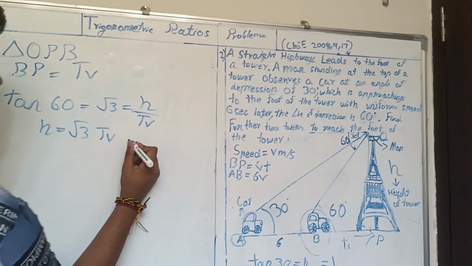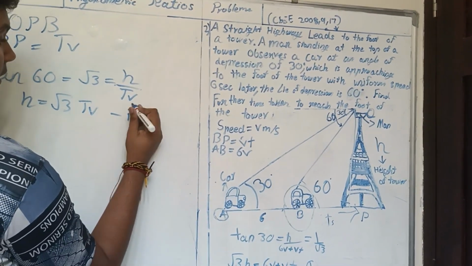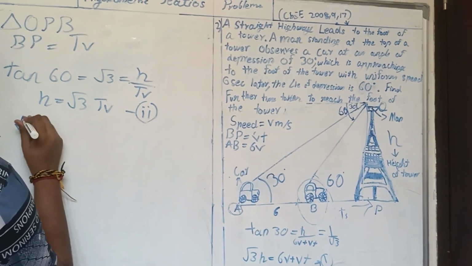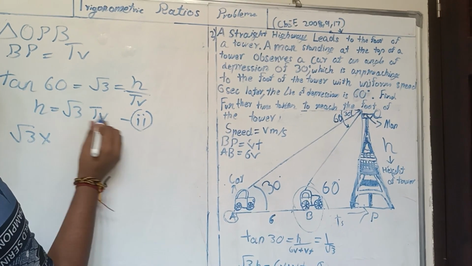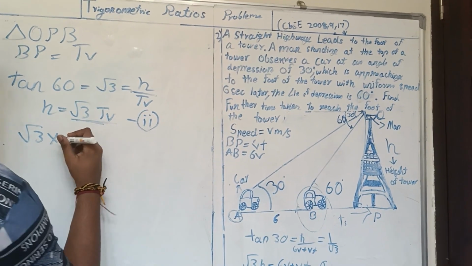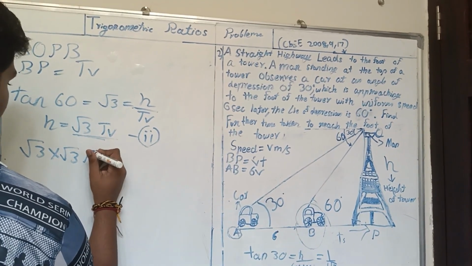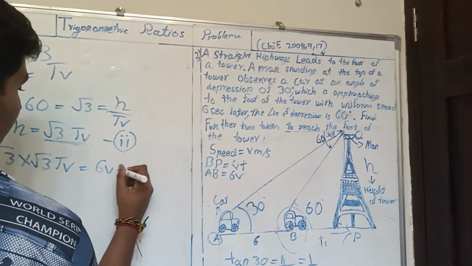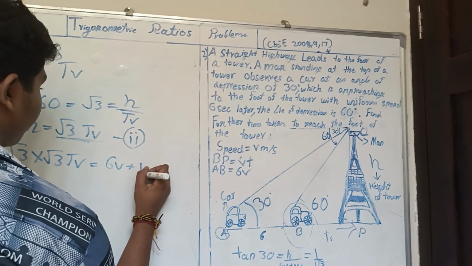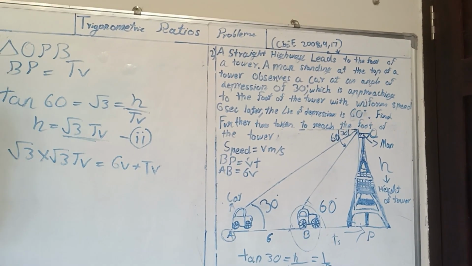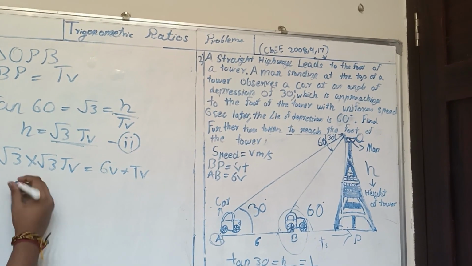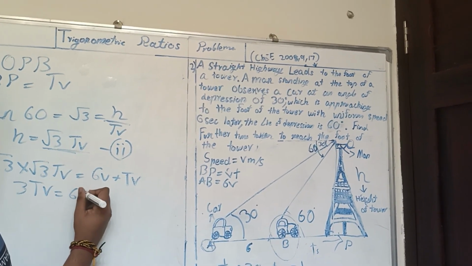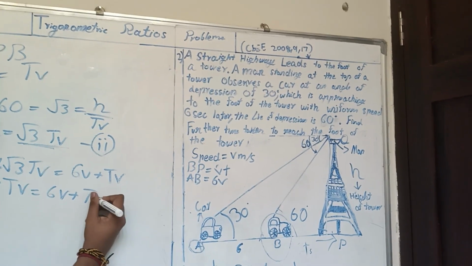Now we take this as equation number 2. Now you have something to substitute, right? So do the substitution: root 3 into root 3 Vt is equal to 6V plus, I'm putting this Vt over. Alright, now you will get 3Vt equal to 6V plus Vt.